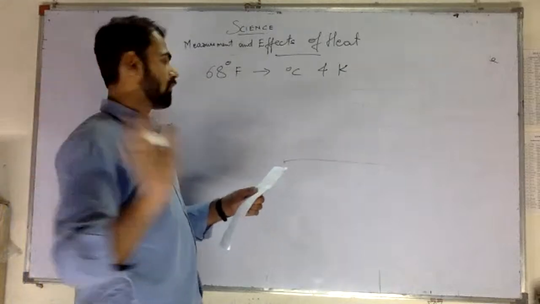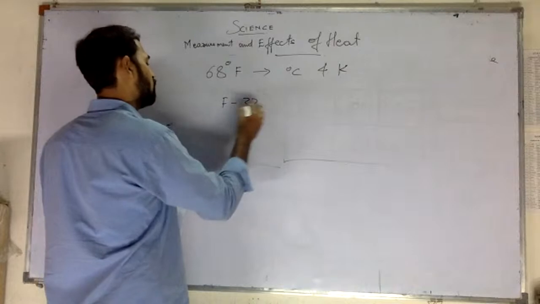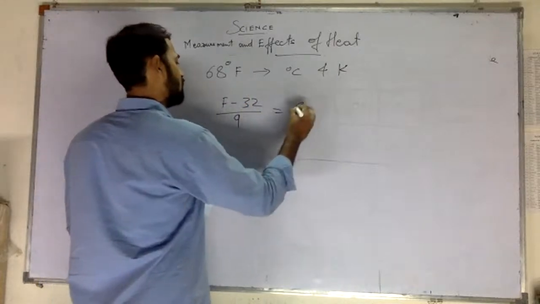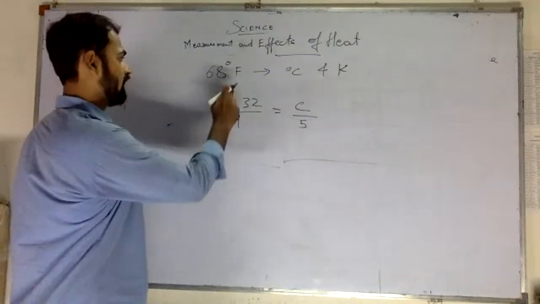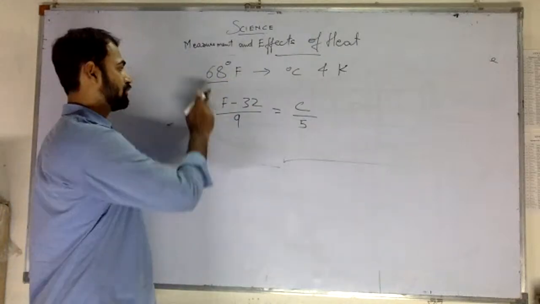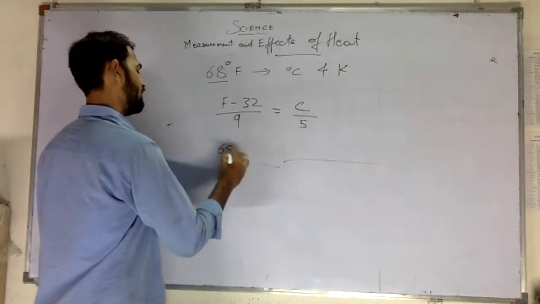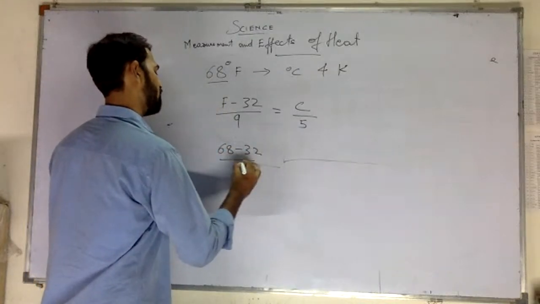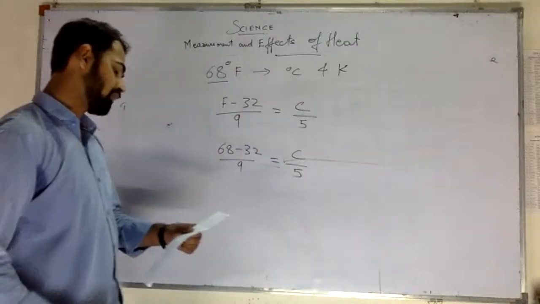The normal formula I will write: F minus 32 upon 9 is equal to C by 5. Now here we have got Fahrenheit, so we will substitute 68 over here. So it is 68 minus 32 upon 9 equal to C by 5. Everybody got this?